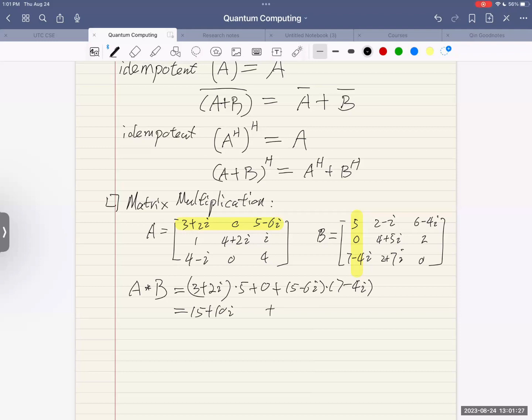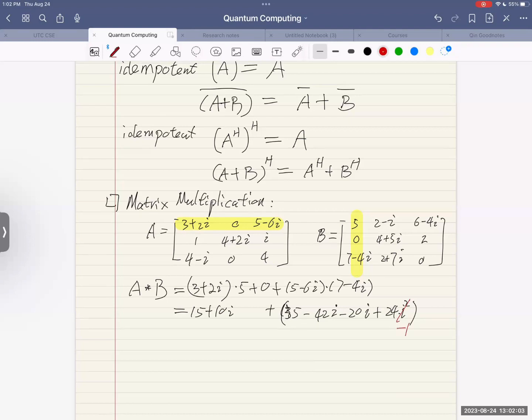Okay, this is quite a bit. That would be 35 minus 42i minus 20i plus 24i squared. Which means that's minus 1.